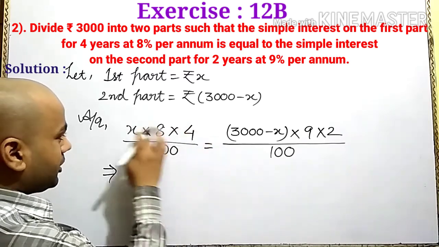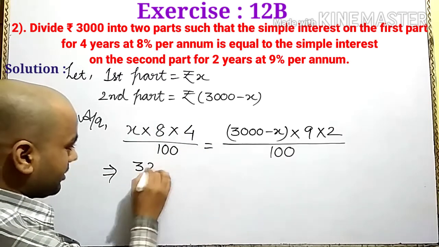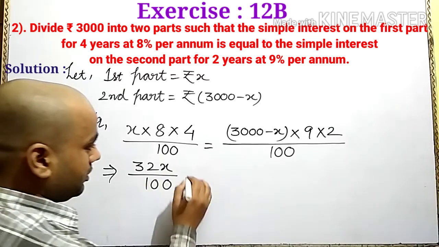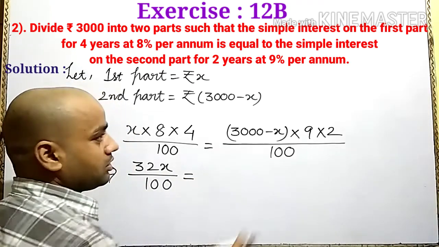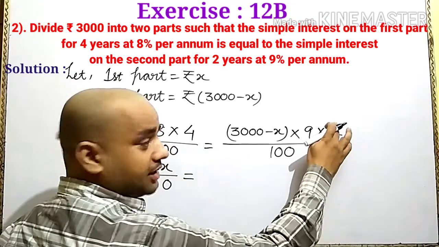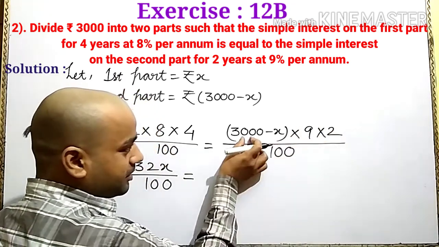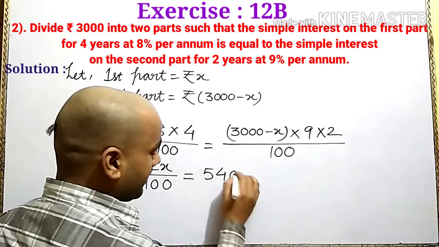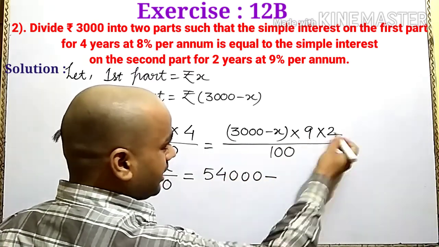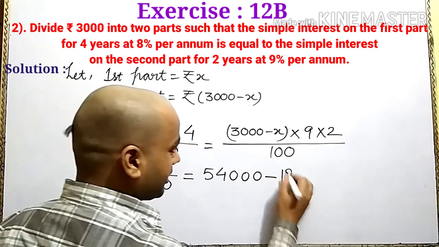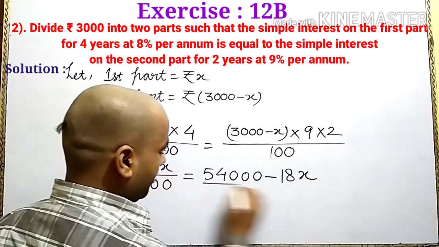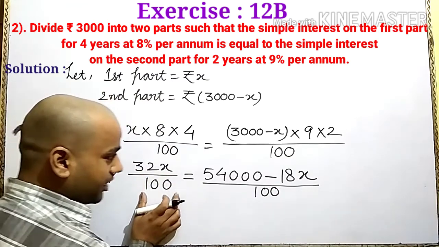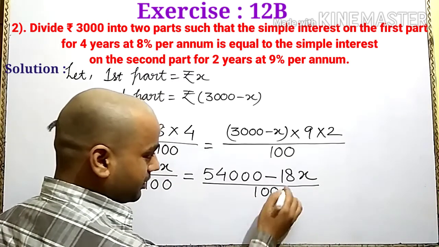8 4s are 32, into x, 32x upon 100 is equal to 9 2s are 18, 18 multiplied by complete here. 18 3s are 54,000 minus 9 2s are 18 into x, 18x upon 100. Completely in denominator 100, here also completely 100, so cancel out.